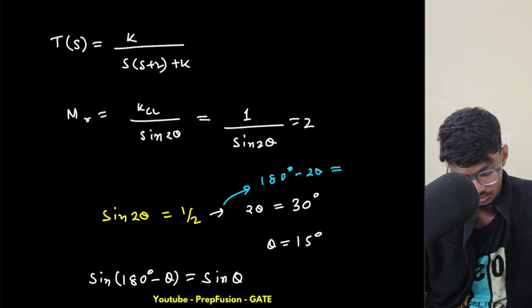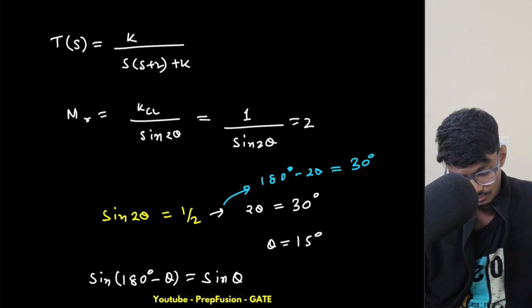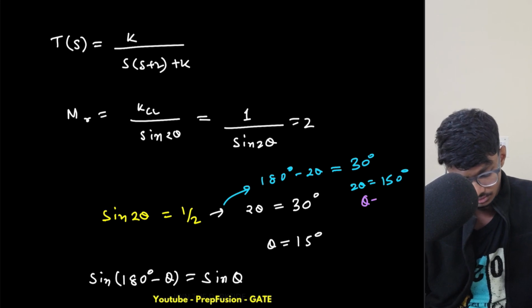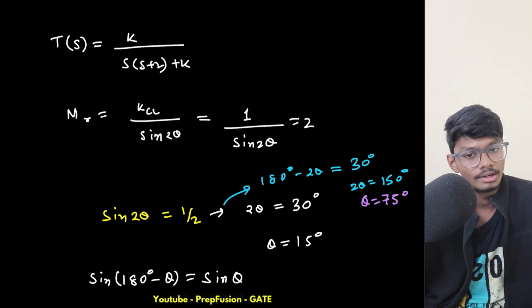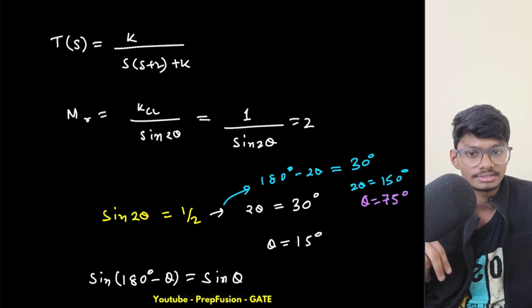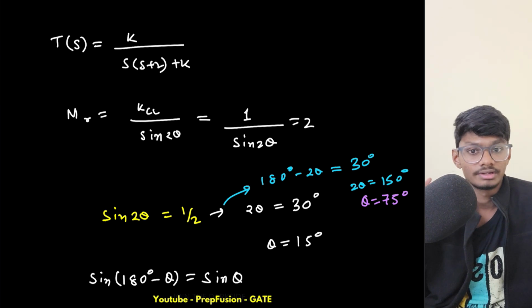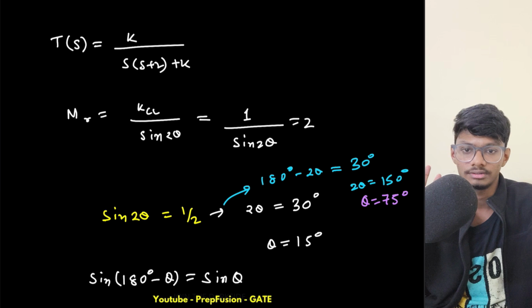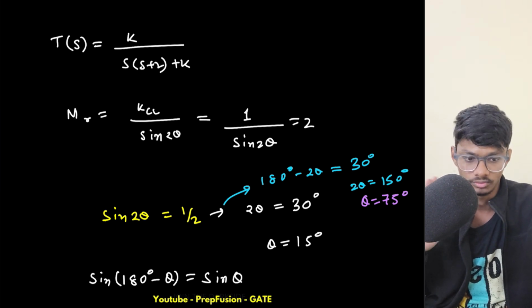180 minus 2 theta equals what was 30. So 2 theta equals 150. So theta equals 75. So this time it is correct, because it is lying within the range of 45 degrees and 90 degrees. Also, if you find the zeta, you will see that it is obviously lying within our desired range, which is between 0 and 1 by root 2.